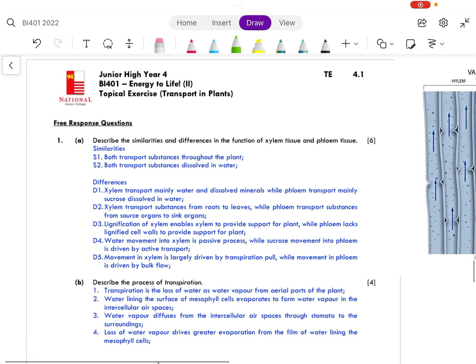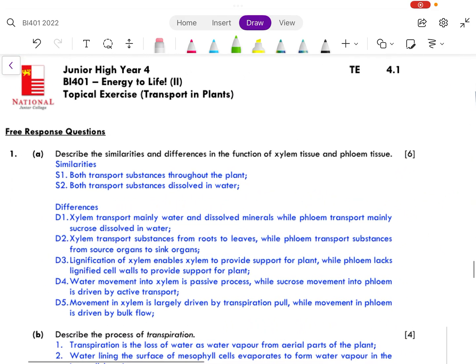Okay, last free response questions. They ask you to describe the similarities and differences in the function of the xylem tissue and the phloem tissue. So some similarities include that both transport substances throughout the plant. Second, both transport substances that are dissolved in water.